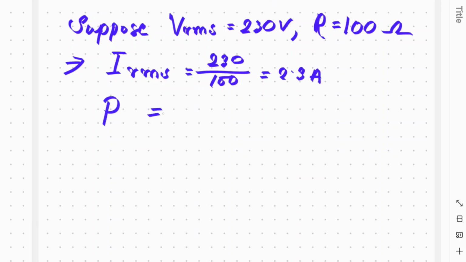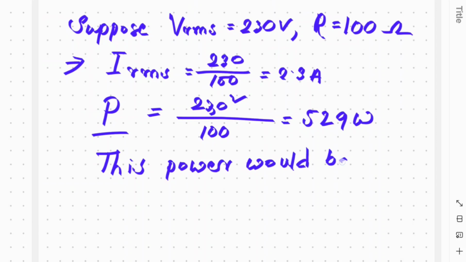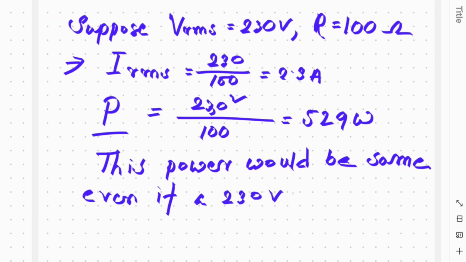And P is equal to 230 squared by 100, that is 529 watt. This power would be the same even if a 230 volt DC was applied.